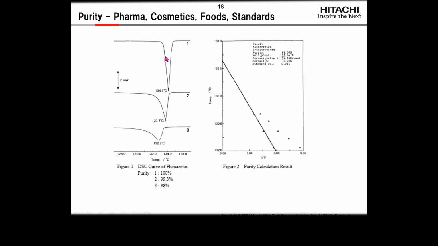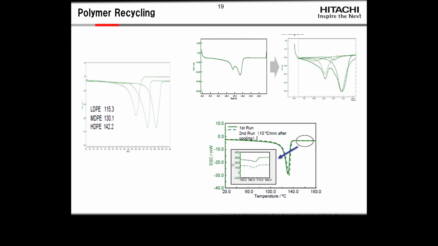So by looking at the change of the slope of this line, we can estimate the purity if we know the molecular weight. Now, there are a few limitations, so it's a little bit more complicated than this, but for materials where it works, a 20-minute run will give us a purity to two decimal places. So it's a very, very quick way to measure the purity of APIs.